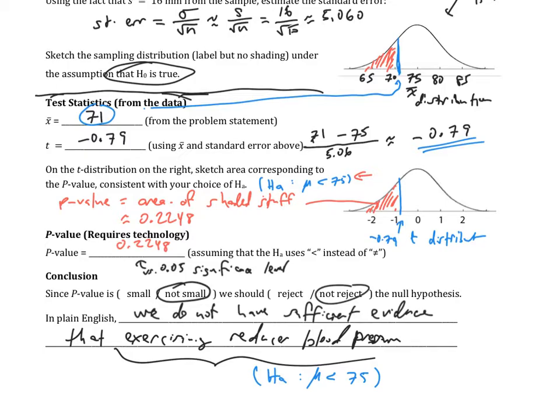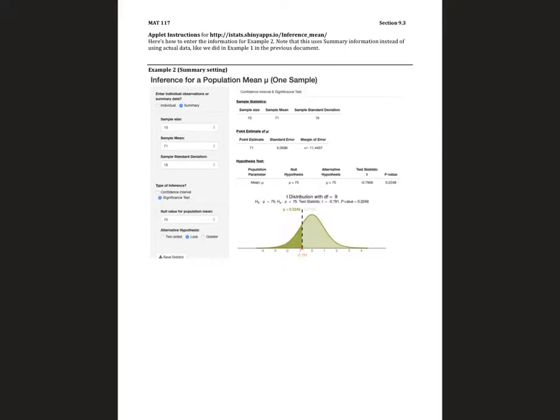On this document, there's a page that has a screenshot of the way you could enter all the information from this problem into the web app. That's the URL at the top there. And you can see that not only does it do the calculations for us, but it also draws the same picture.